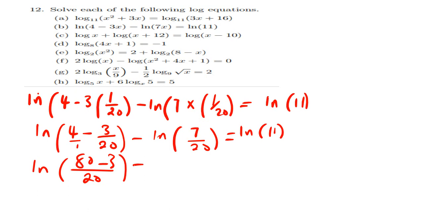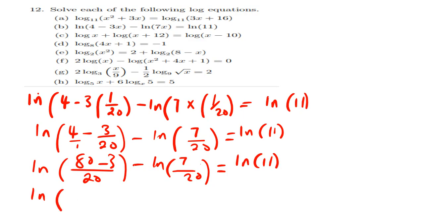Minus natural log of 7 over 20 is equal to natural log of 11. So natural log of 80 minus 3, that is 77 over 20, minus natural log of 7 over 20, is it equal to natural log of 11?